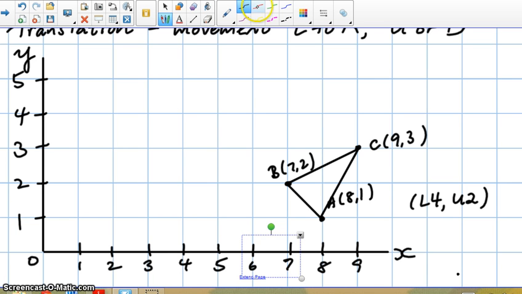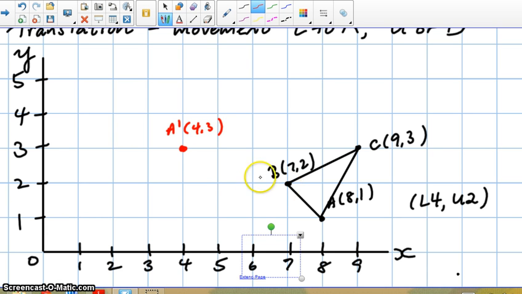Now, I'm going to do the image in a different color, and you can do the same on your page too. We'll translate A (8, 1) left 4 and up 2. We're going to go left 4, 1, 2, 3, 4, and up 2, 1, 2. A prime ends up here. New position is at (4, 3). Okay.